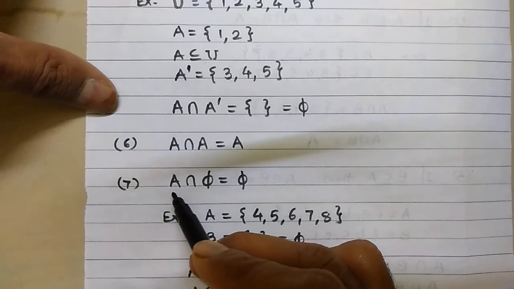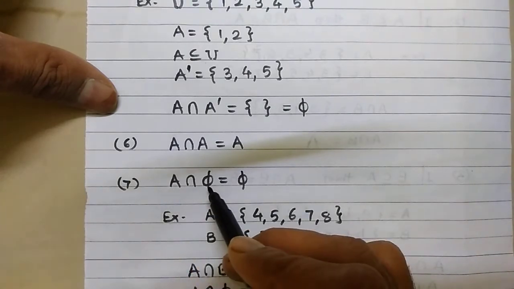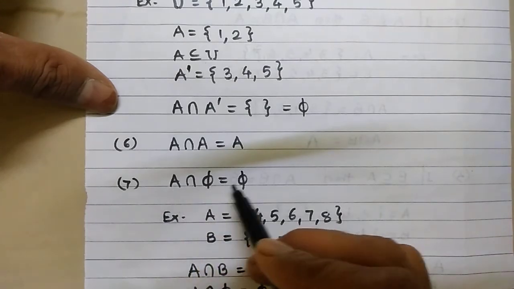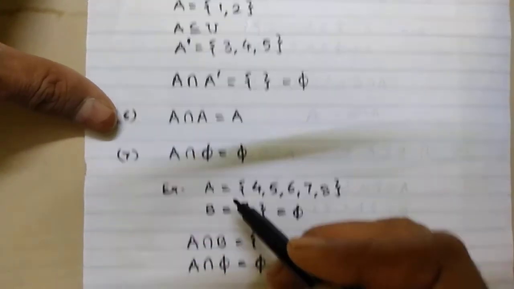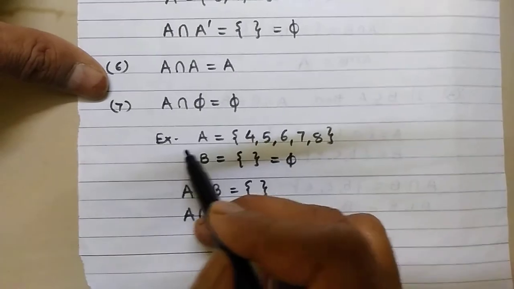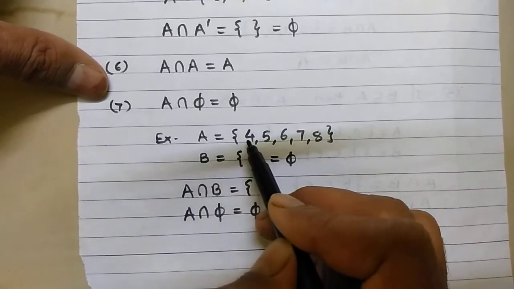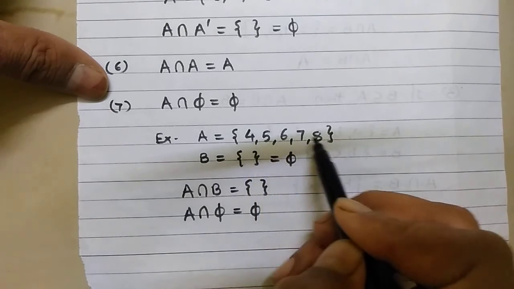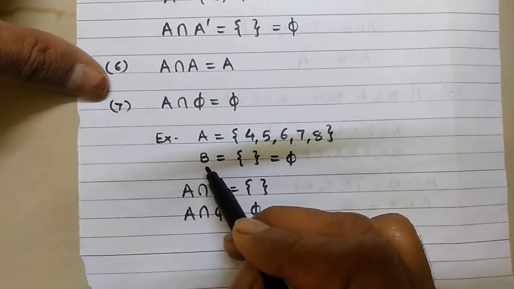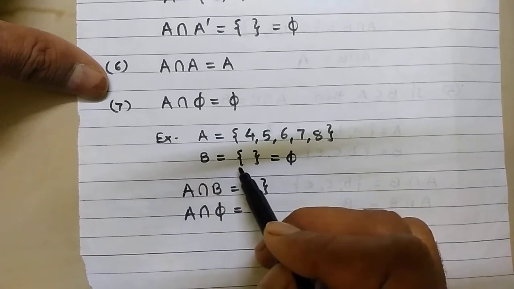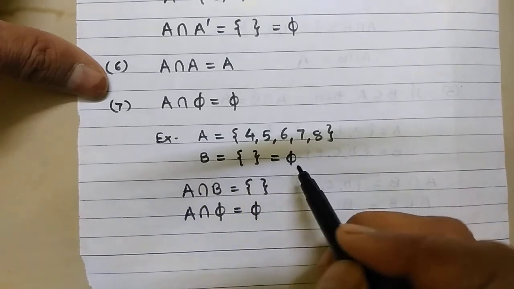What is the meaning of this? Any set and an empty set, the intersection of these two is an empty set. To learn this property, I have prepared the sets. A is the set in which 4, 5, 6, 7, 8 these are elements, and B is a set, there is no element, that means it is empty, and that is phi.